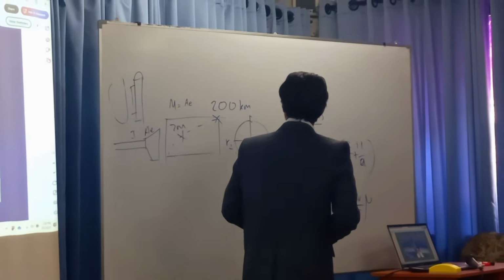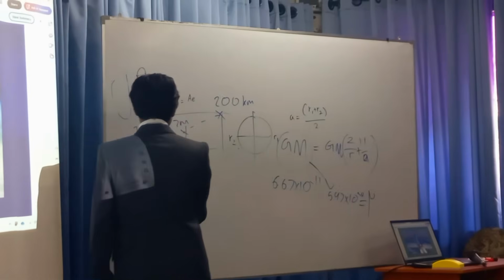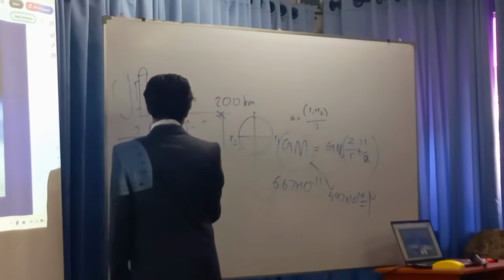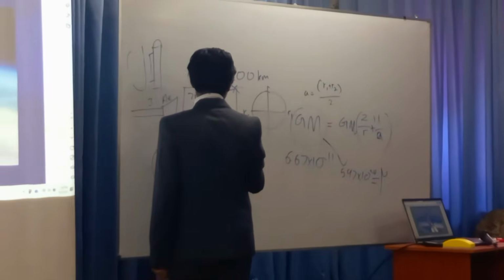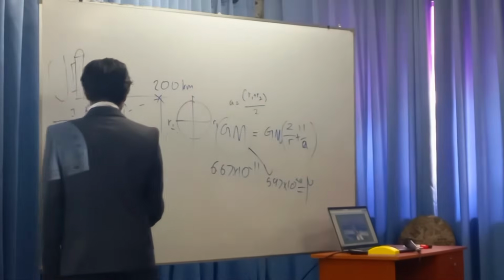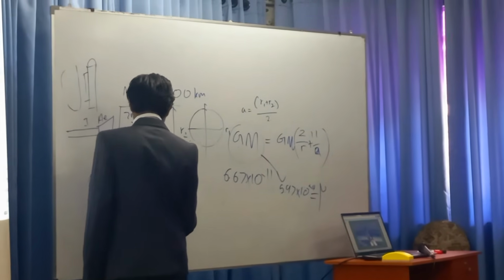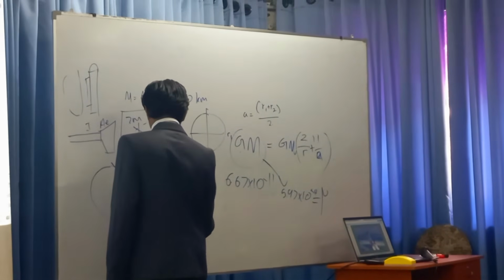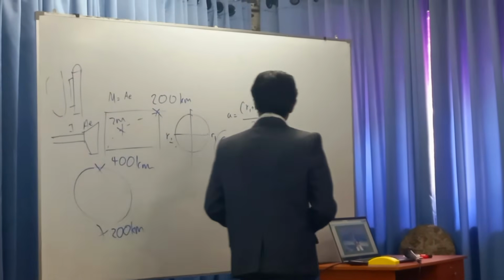So, for example, let's say we have an orbit like this. This is our apogee, it's 400 kilometers. This is our periapsis. It's 200 kilometers. We calculate this as such.